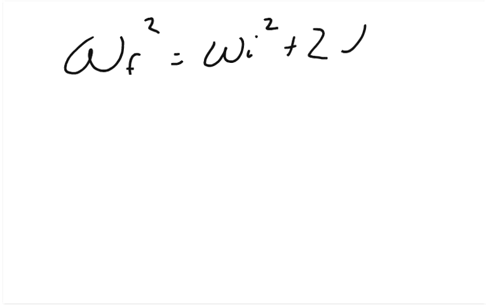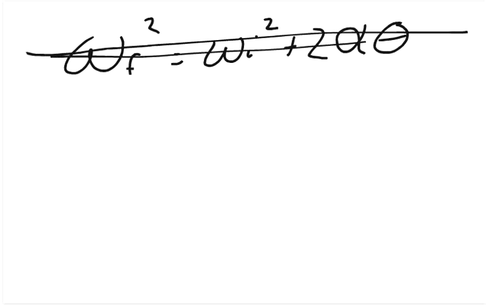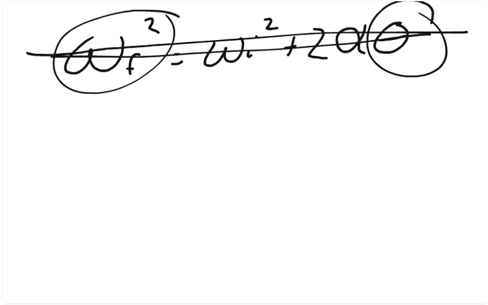So we can set up the equation of the final angular speed squared equals the initial angular speed squared plus 2 times the angular acceleration times the angular displacement. Actually, I don't even know why I used that equation, because it leaves 2 variables that we don't know. So let's use an equation that only has 1 unknown.